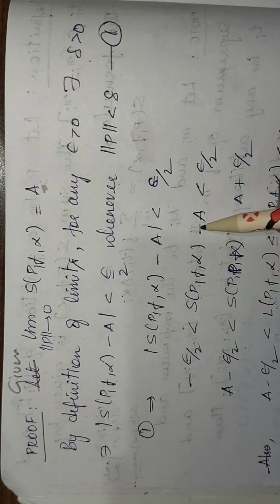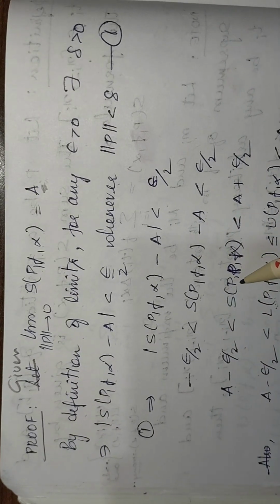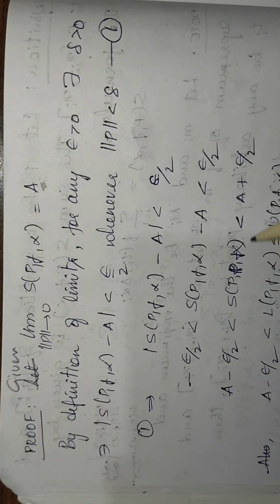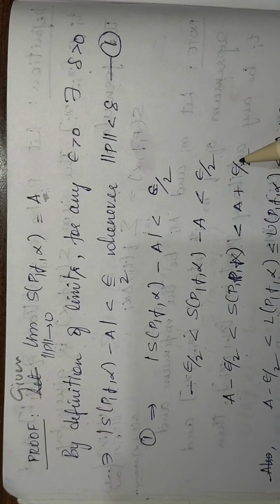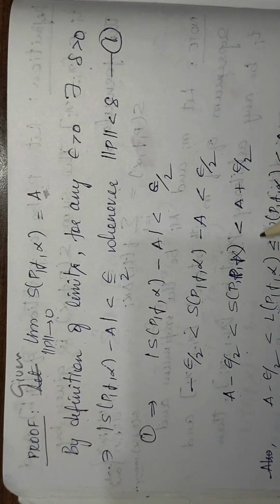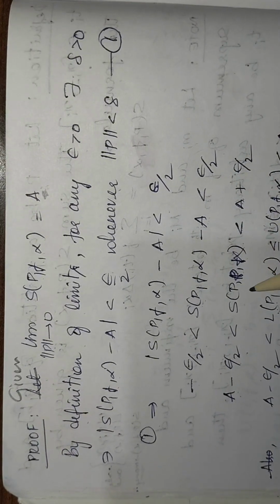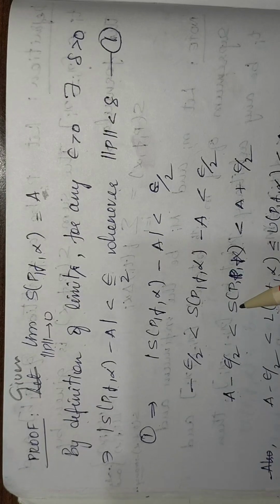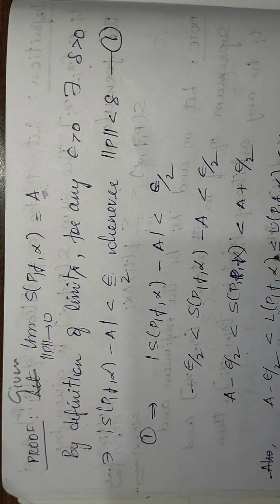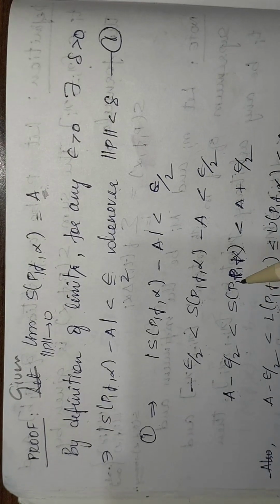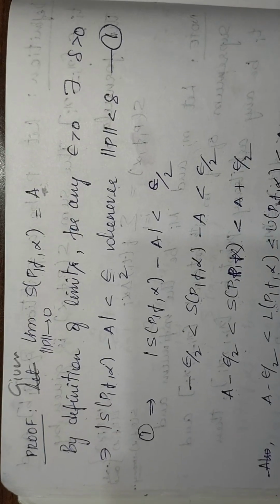So we can write this as A minus epsilon by 2 less than S(P, f, alpha) less than A plus epsilon by 2. And here you have this: we know that L(P, f, alpha) is less than or equal to S(P, f, alpha) less than or equal to U(P, f, alpha).